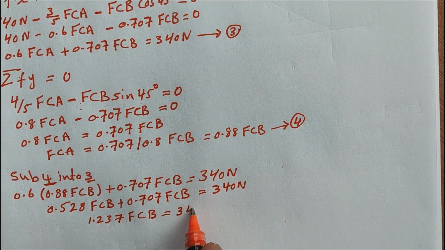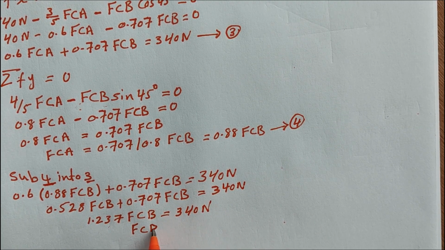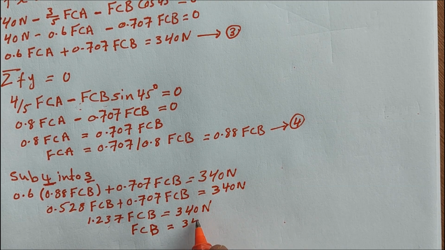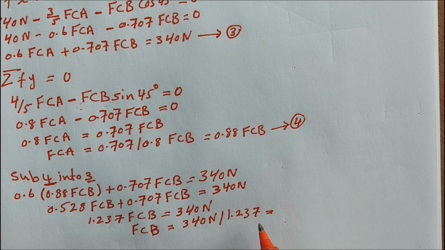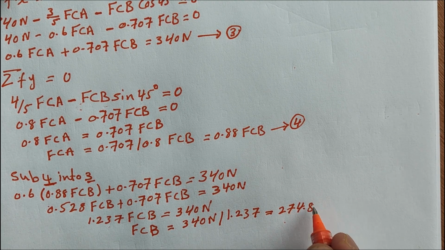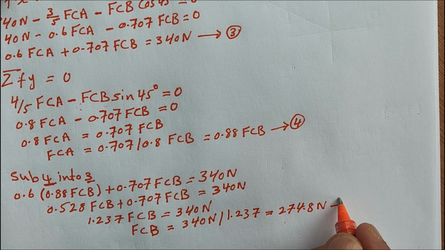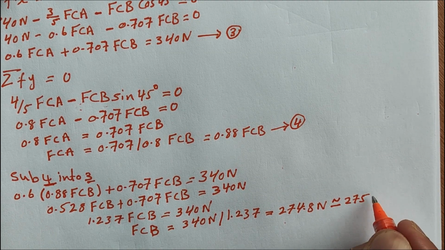equal to 340 Newton. So FCB, which is what we're looking for, should equal 340 divided by 1.237. This will equal 274.8 Newton, which is roughly 275 Newton.